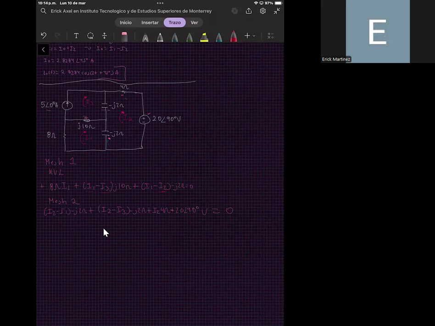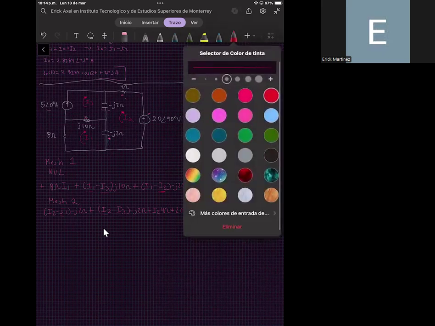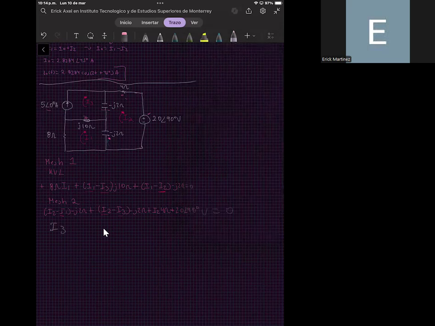So we are missing one of the equations, but hopefully we know that I3 is equal to the current of the current source that is in this part. Since the current I3 is pointing in the same direction as this current source, we can say that I3 is equal to 5 with an angle of 0 degrees amperes.